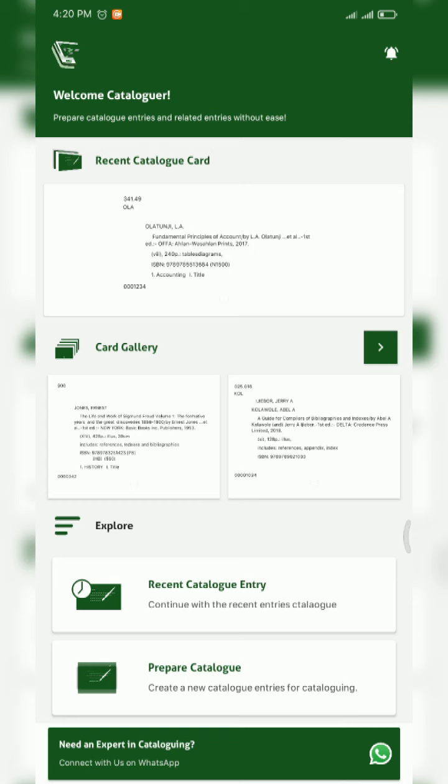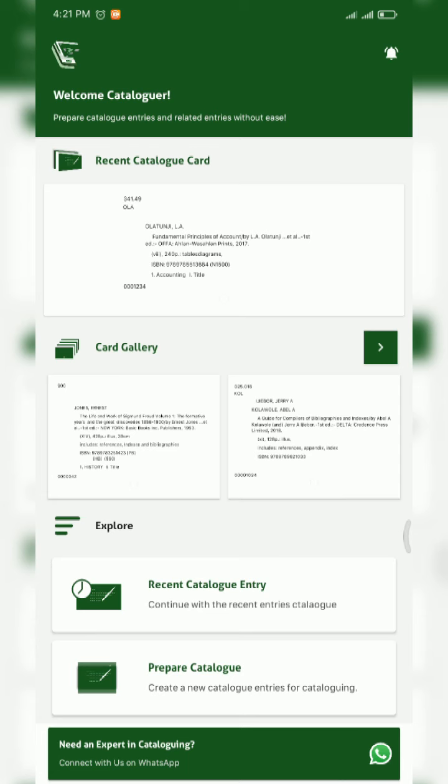But the difference is that when you are cataloging a book with more than 3 authors, you don't write all the authors in the entries. What you just do is write the most significant author. You indicate the most significant author as the main entry, and you represent the others with a tar. And that's the principle guiding cataloging books that have more than 3 authors.